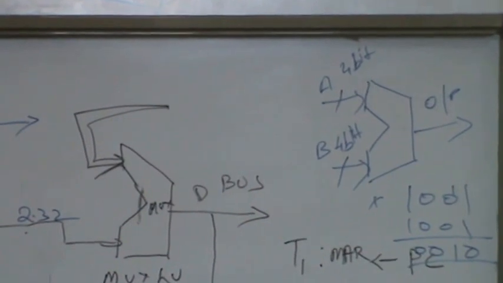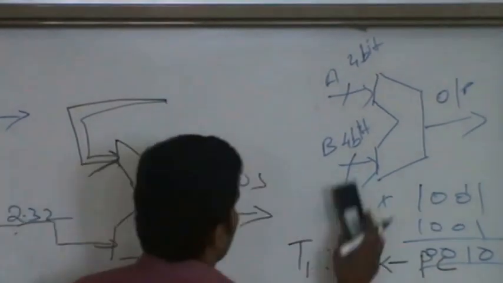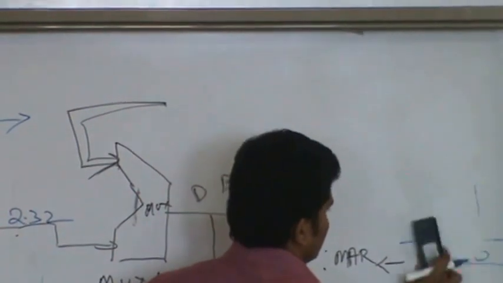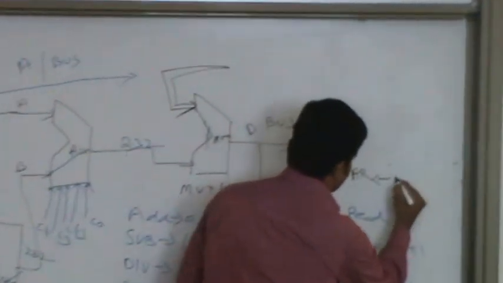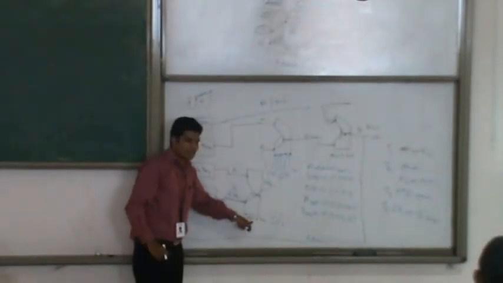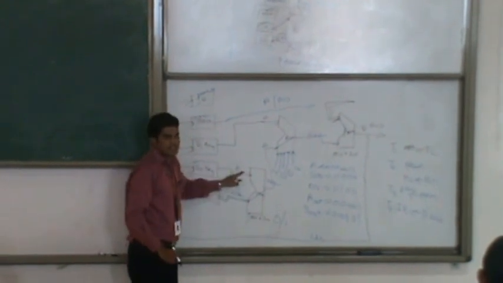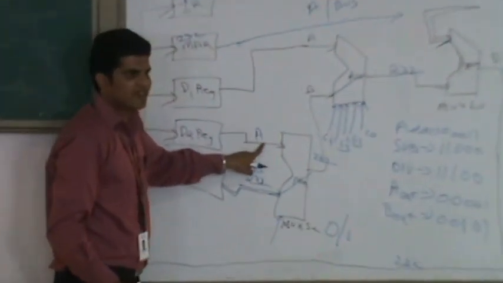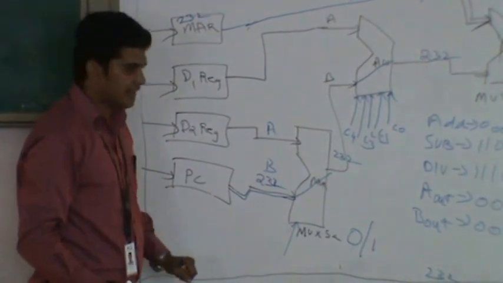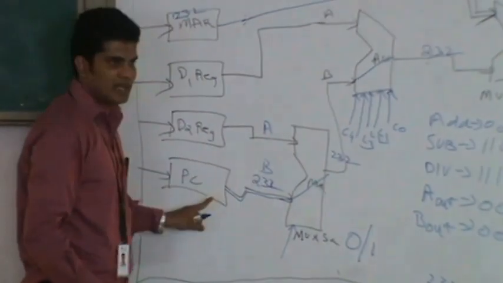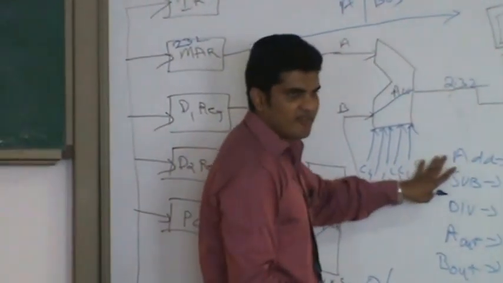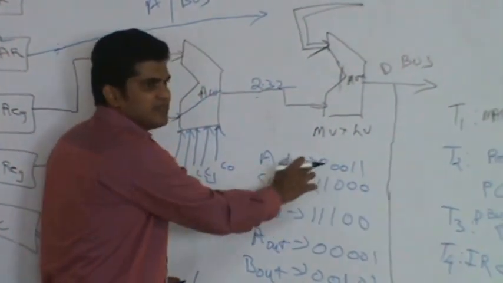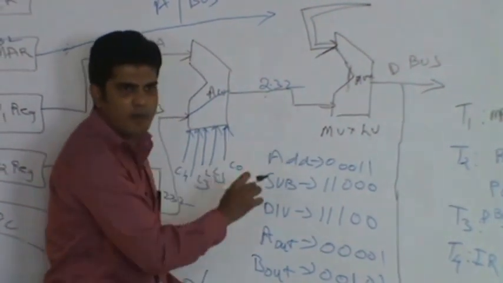We should specify the data width when you are talking about the ALU. So multiplexer SA: if it is 0, then the data from the D2 register will be selected. If the mux SA is 1, the data from the B line is selected. And you have a finite code which uniquely specifies each different ALU operation.